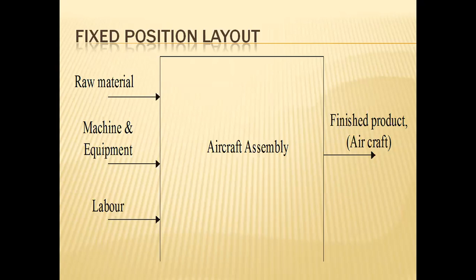This movement of men and machines to the product is advisable because the cost of moving them would be less than the cost of moving the product, which is very bulky. This type of layout is also called a static layout.